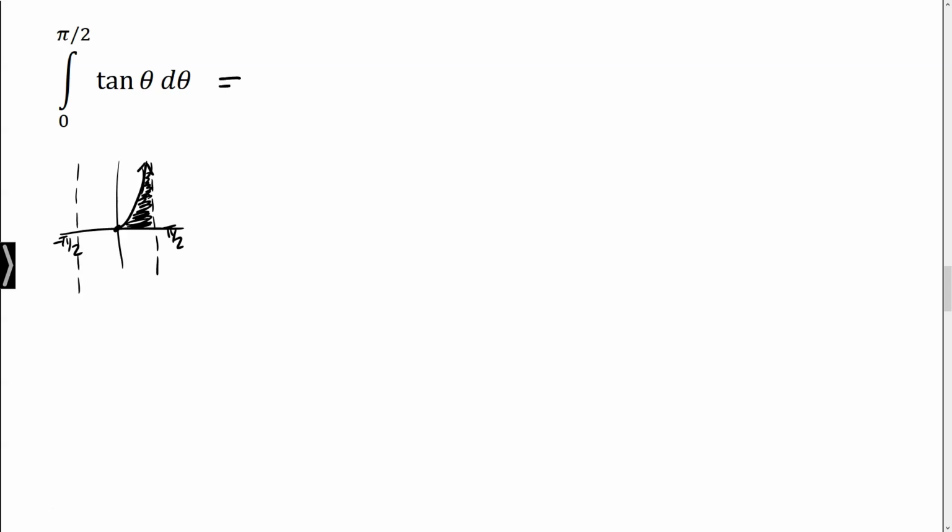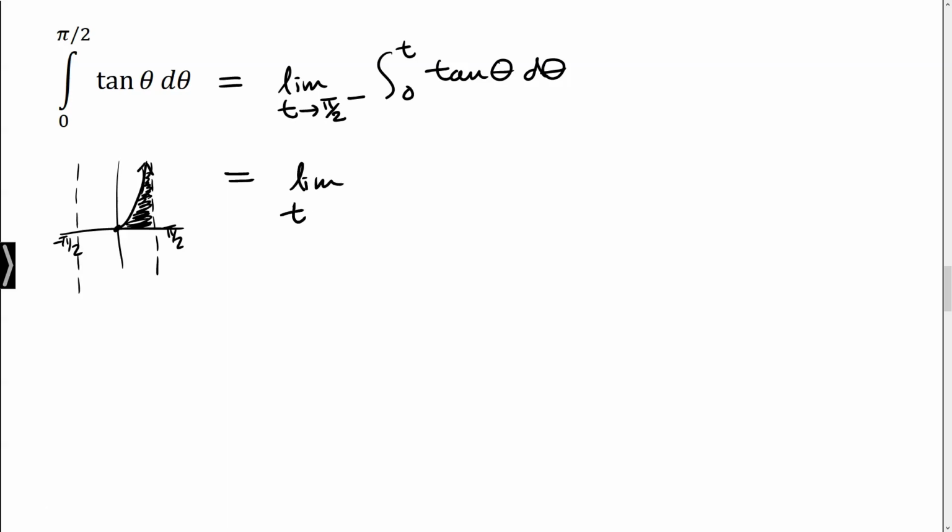So to do this, we again use a limit as we approach from below. The problem is at pi over 2. So it's the limit as t goes to pi over 2 from below of the integral from 0 to t of tangent theta d theta. You need to remember what the integral of tangent is. This is one that you can do with substitution, but really it should be committed to memory.